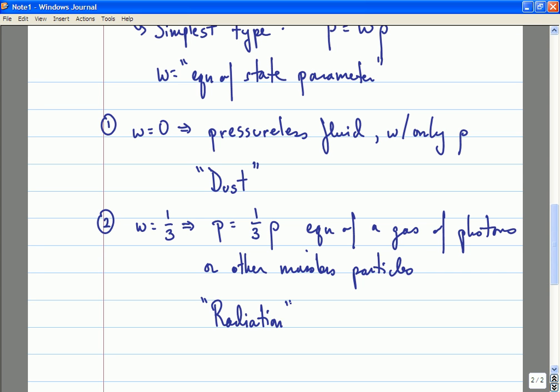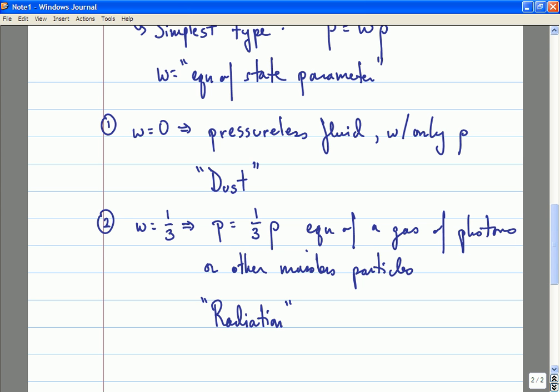So you might ask, why is it in this course that we will even think about considering radiation as a source of the curvature of spacetime? Because most of the matter in the universe appears to be dust, stars, galaxies, all that's dust as far as we're concerned. So why would we consider radiation? Well, it turns out that in the very early universe, there was a period where a large fraction of the energy and pressure of the matter terms in space were dominated by radiation.